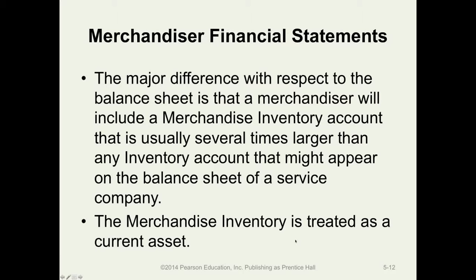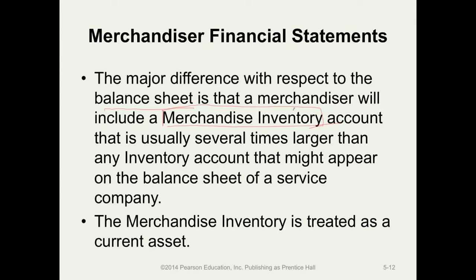Next, balance sheet. So we just looked at the income statement difference. Next, we want to look at the balance sheet differences. What are the key differences in a balance sheet of a merchandising company versus that of a service entity? The primary difference is that a merchandising company will carry merchandise inventory as one of its principal assets on the balance sheet.